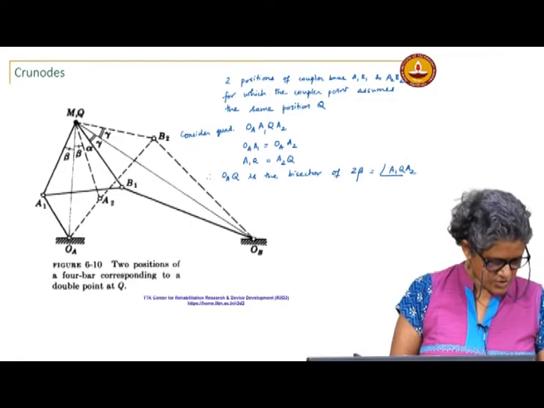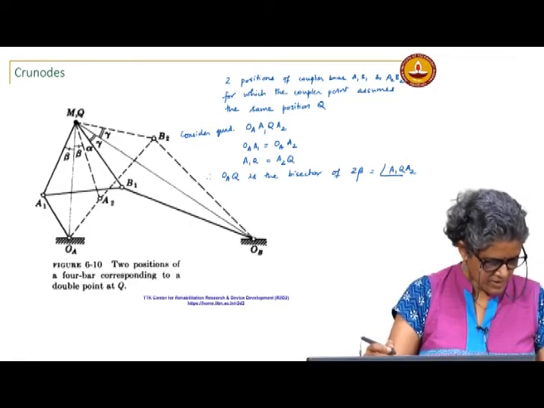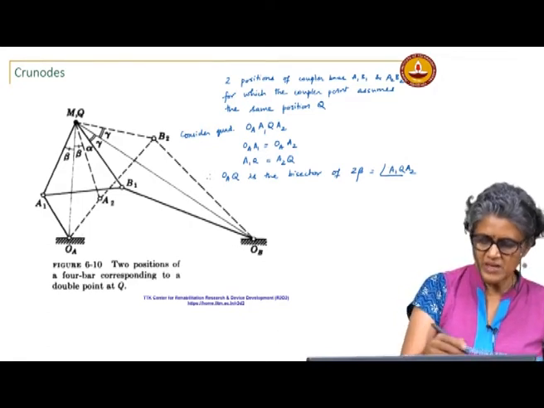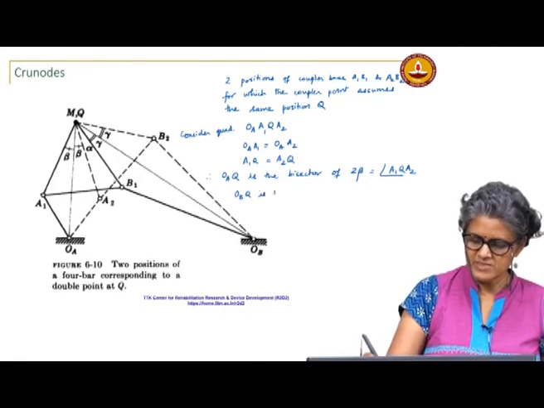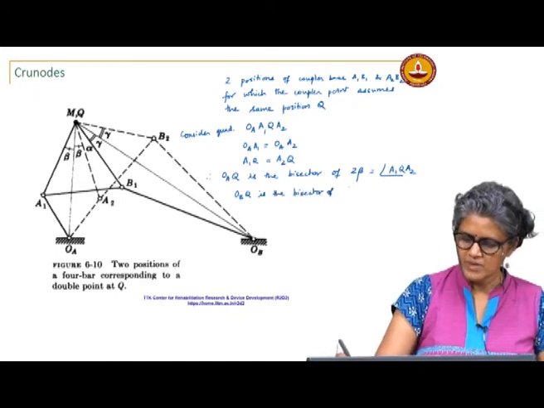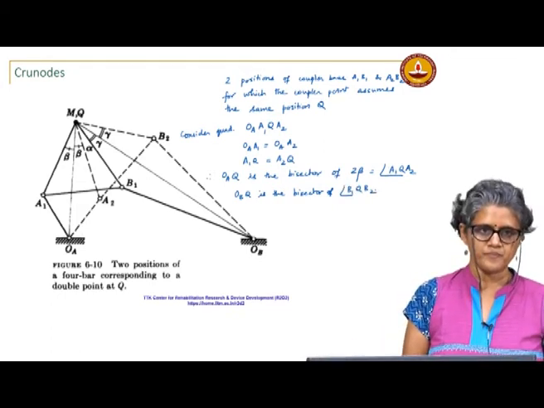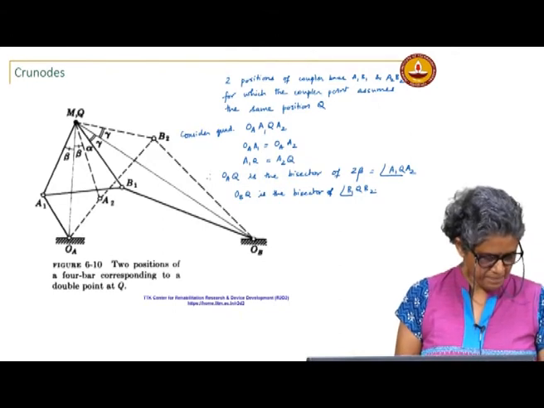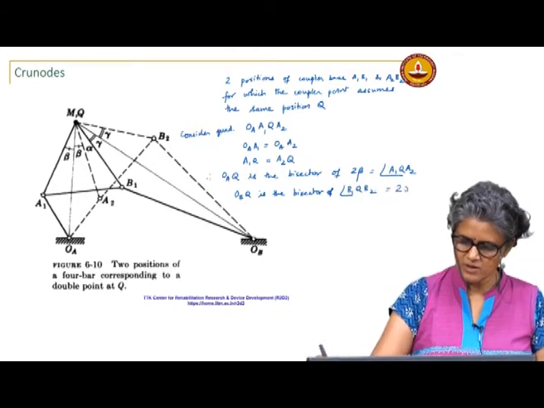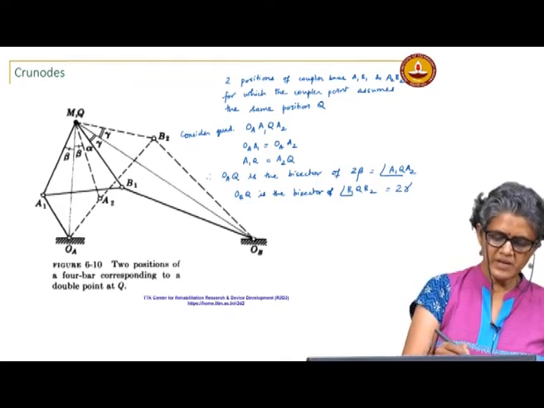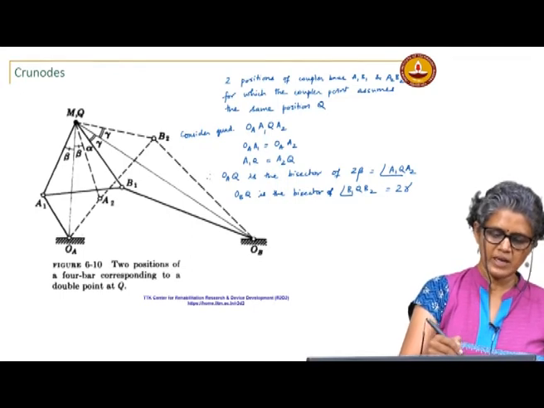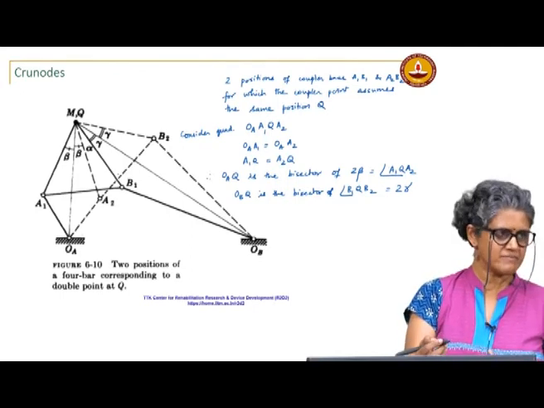Similarly, if I look at OB Q, that is the bisector of angle B1 Q B2, which I call 2 gamma. But my coupler ABM is rigid.